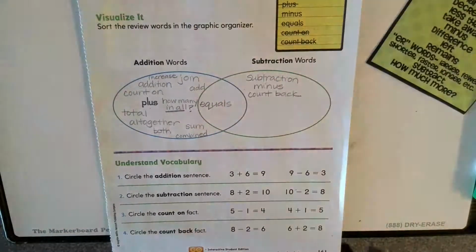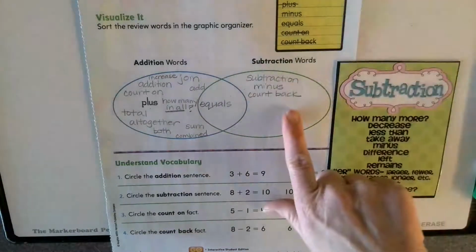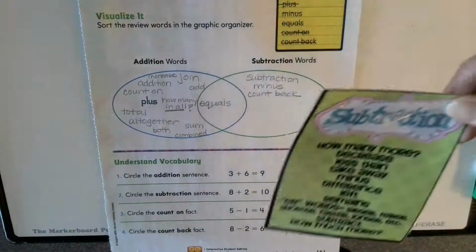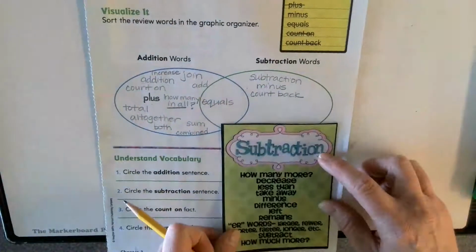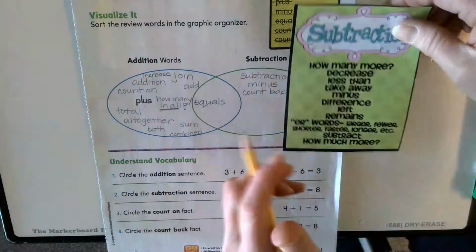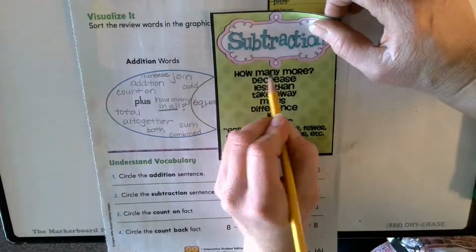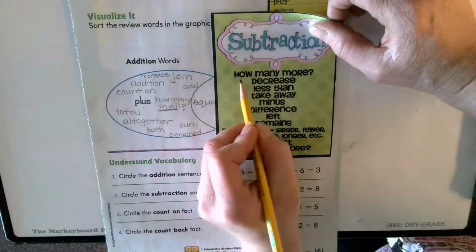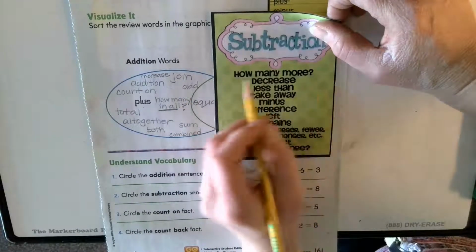Next, we're going to look at subtraction. We have a few subtraction words here, but we have a lot more right here. Okay. The first one, which is huge, is how many more. And it has to be all three of these words together, okay?